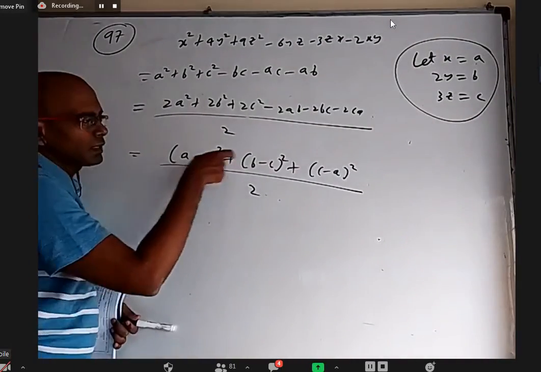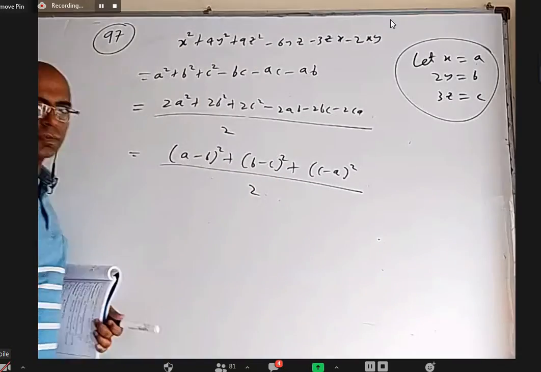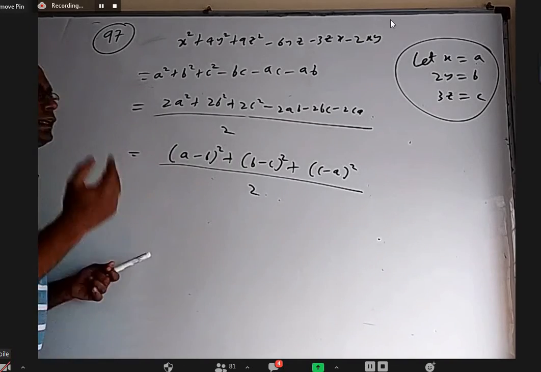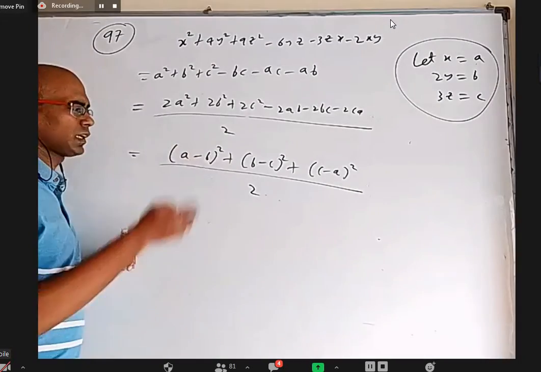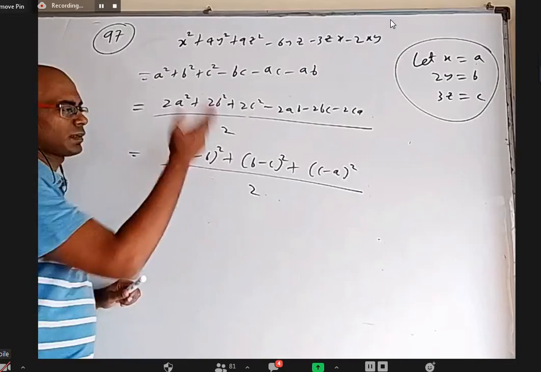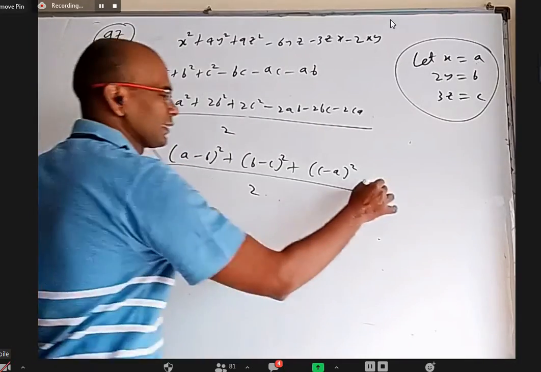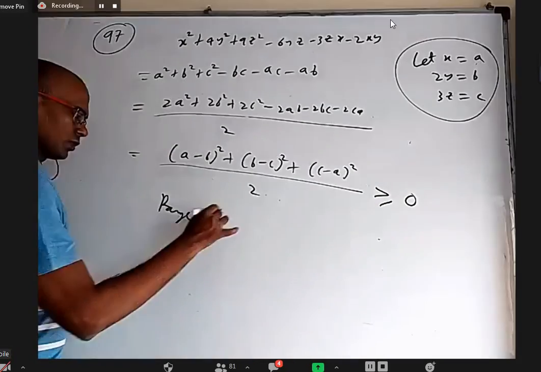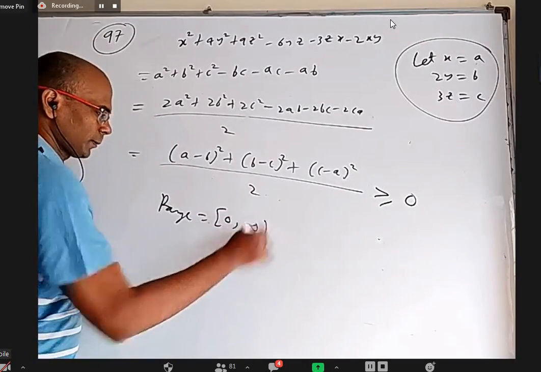So something whole square plus something whole square plus something whole square. What will be the minimum value? 0. And maximum, if you take very, very big values, a minus b can be very large, it can be infinity also. I can easily say this is greater than or equal to 0. So range is closed 0 to infinity.